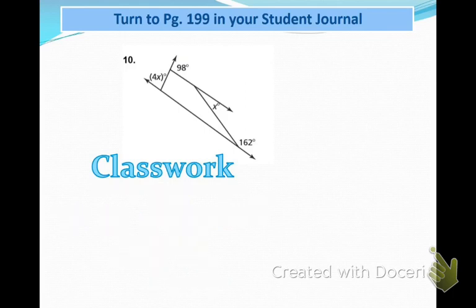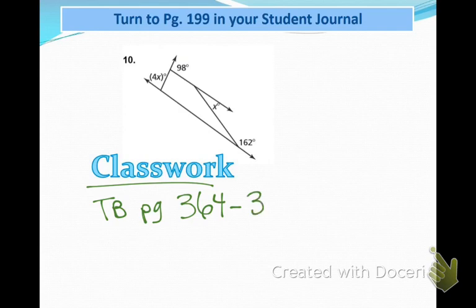Oh, I just deleted it. I'm writing it down. You see how it says classwork, right? I just underlined. This is still your classwork.